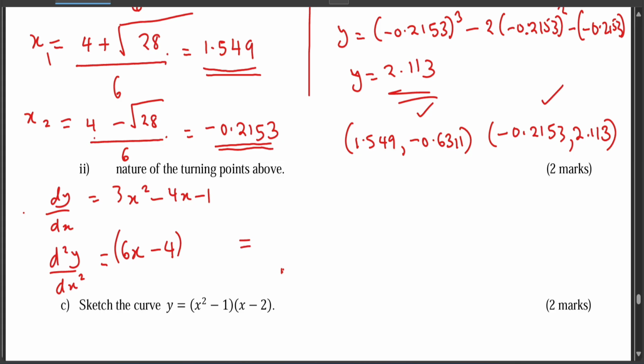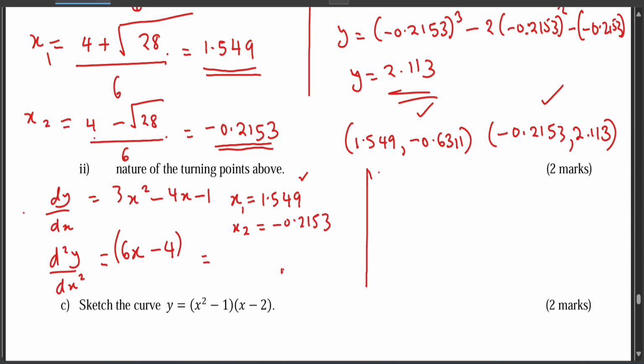So what's the step for knowing that? Now with 6x minus 4, first of all, write the x coordinate of the turning points, the first one is 1.549, and the other one is negative 0.2153. So let's start with 1.549.